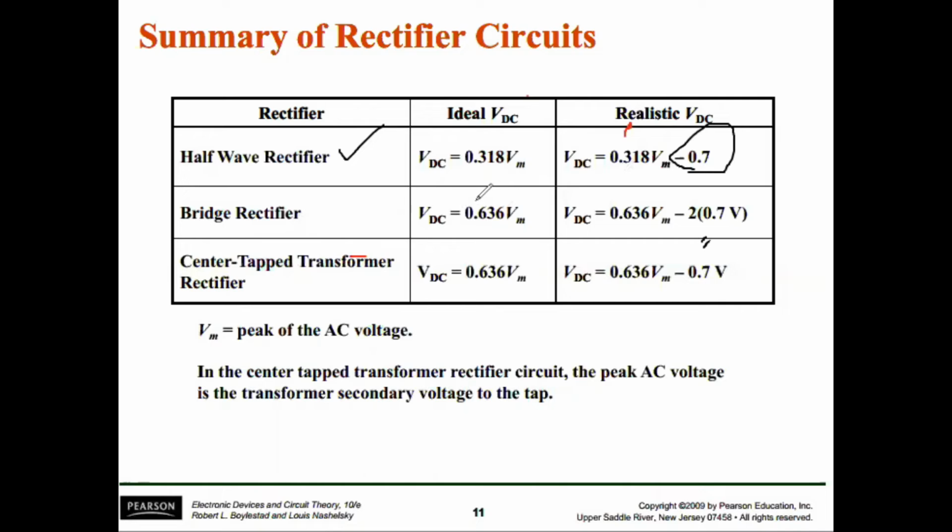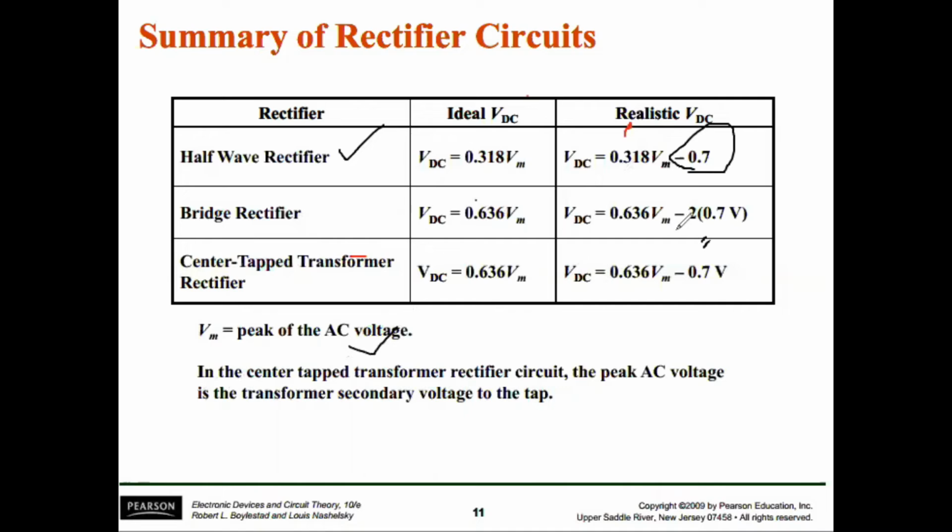Similarly, for the bridge rectifier, the ideal VDC is 0.636 times Vm. What is Vm again? Vm is the peak value of the AC voltage, which is written here.